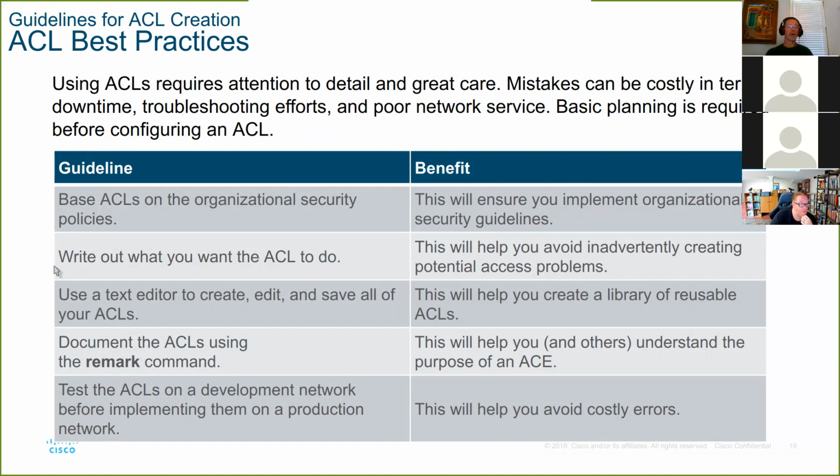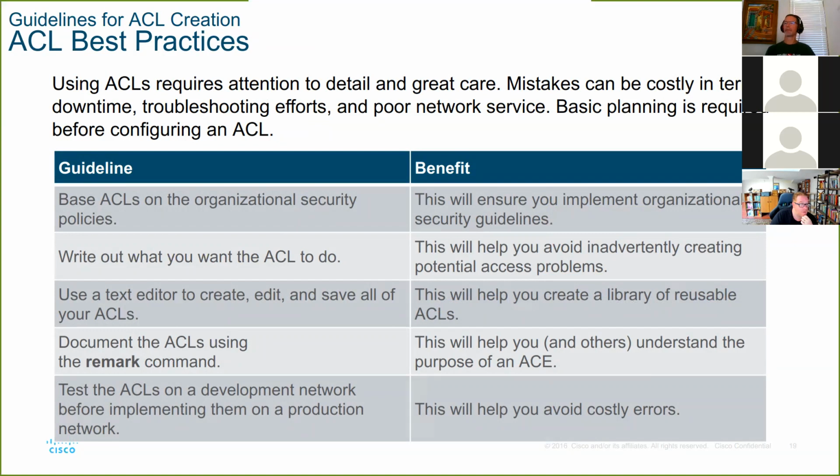I use a text document. When I create an access list, I'll type it in a text document. I'll put in a comment, a description of what I want the rule to do, and then I put the rule, so that down the road, if I leave or somebody else comes and inspects this, they know what I'm attempting to do.